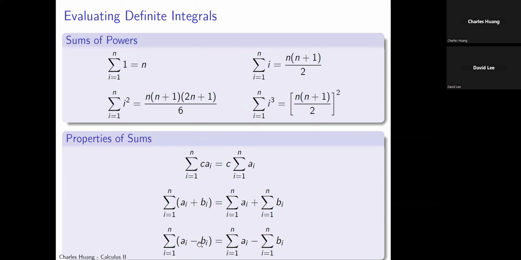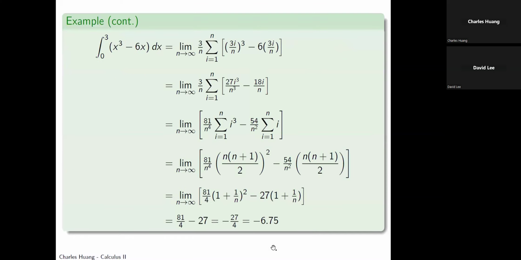If I subtract them directly, 1 minus 1 squared, 2 minus 2 squared, 3 minus 3 squared, 4 minus 4 squared, 5 minus 5 squared, it's the same thing as adding up all the 1, 2, 3, 4, 5 together, then adding up the 1 squared, 2 squared, 3 squared, 4 squared, 5 squared, and then subtracting the squares. So they're just in a different order. We can do the same thing here, separating them into a different order.